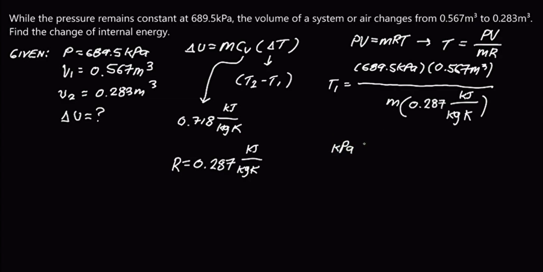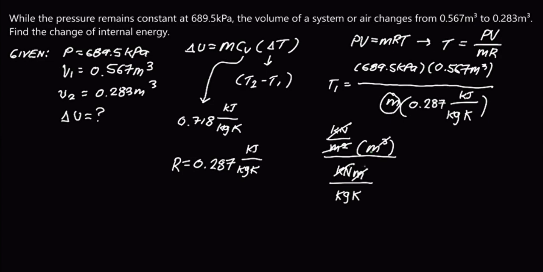For the numerator, we have kPa multiplied by cubic meter, and for the denominator, we have mass, which we don't have a value for, so we can exclude it for now, and all we have left is kilojoule all over kilogram Kelvin. The kPa here can be rewritten as kilonewton over meter squared and kilojoule as kilonewton meter. You'll notice that kilonewtons will cancel each other out, as well as the meters from the numerator and the denominator.